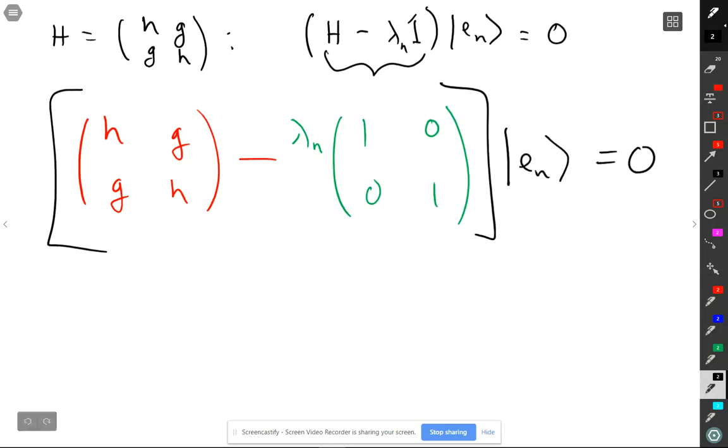So there I've expanded. The green is the lambda times the unit vector, or not unit vector, unit matrix. And the red is my Hamiltonian. And so then if I do my math with what's written there, I have h minus lambda n g and h minus lambda n.